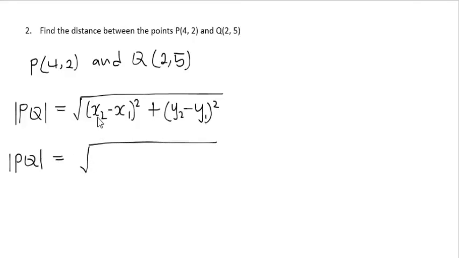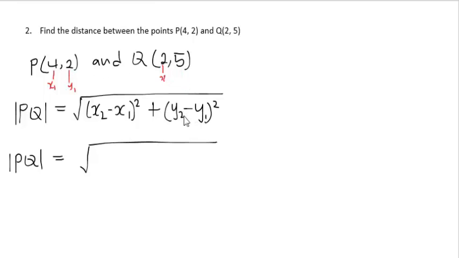So over here, this is our x1, y1, our x2, and then y2. Do you get it? Good. So we are just going to substitute these values in this formula.